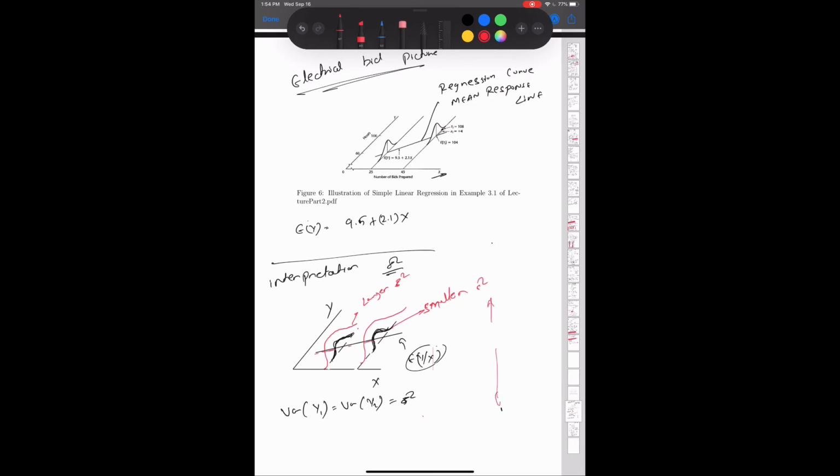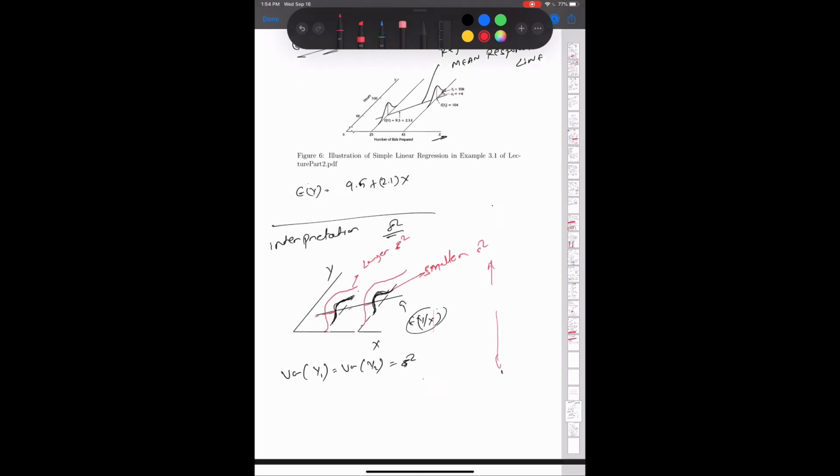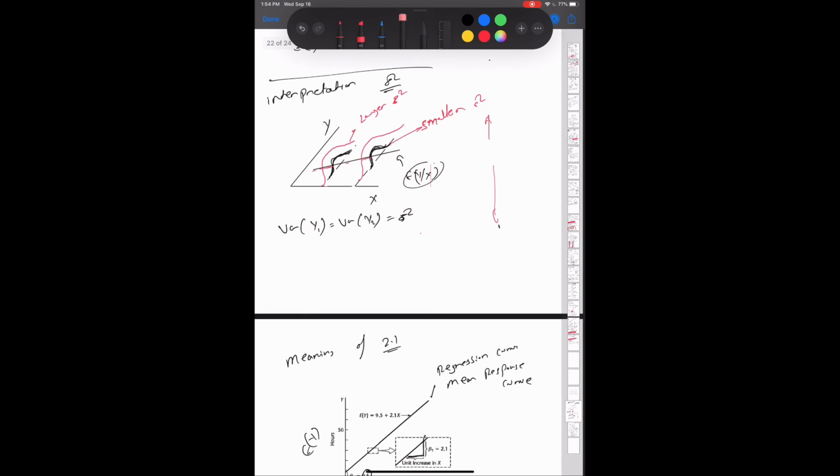If your sigma is small, then it will concentrate around the regression line. So let me draw some scatter plots to show you what that should look like. If I have x here and y here, and a regression model with very small sigma, and this is the regression line, this is what it will look like. It will scatter around the line, but it will be very, very narrow.